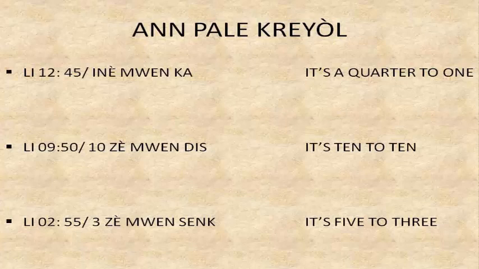But if it's a quarter, it's moins quart. Okay? All the other numbers is moins and then the number. For example, li 10h55, 11h moins 5, 5 minutes to 11. Okay? The other example, li 9h50, that's 10h moins 10. It's 10 to 10 o'clock.